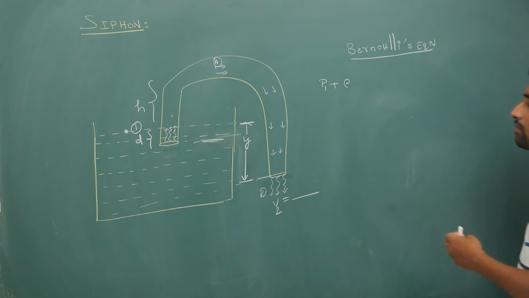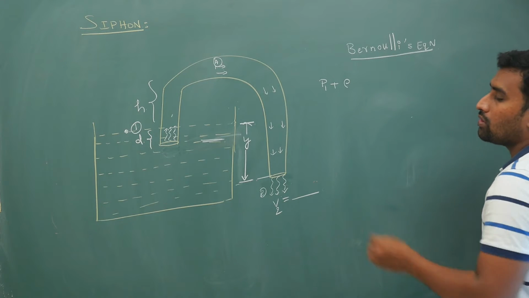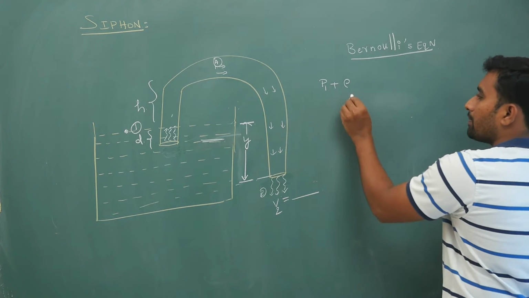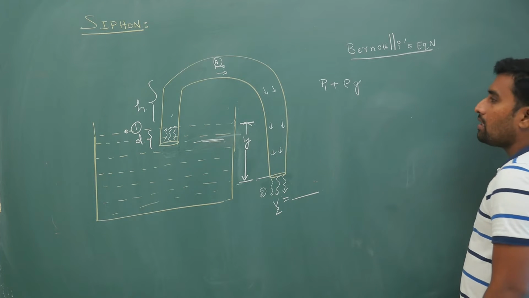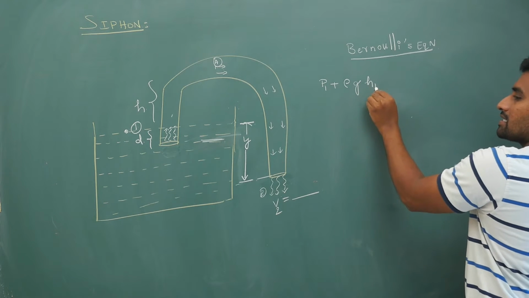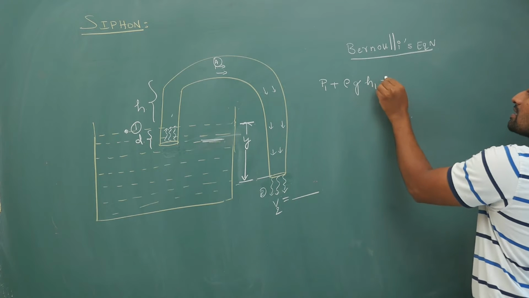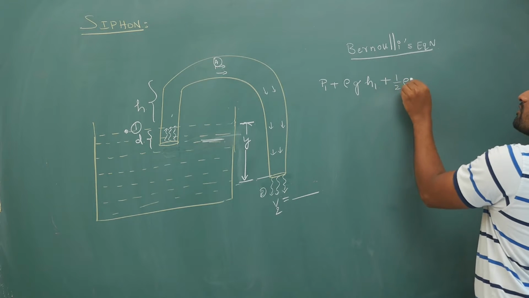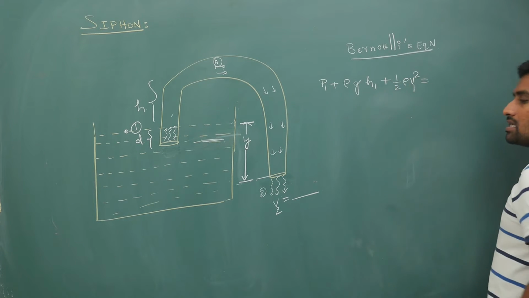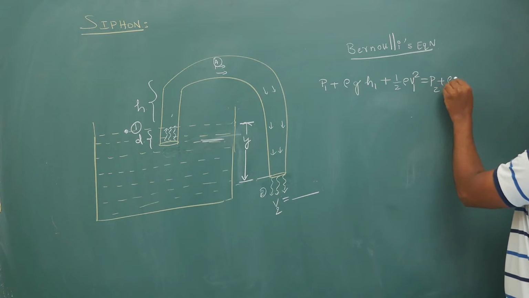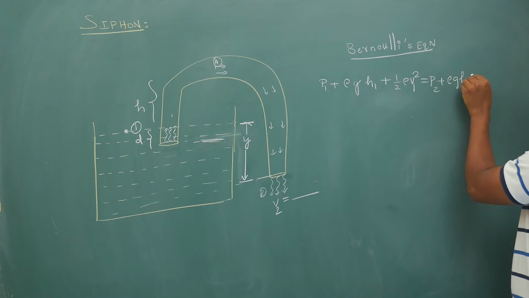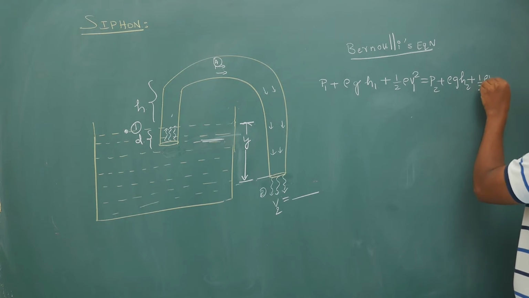So now I will tell you what is happening. Your pressure is P1 plus rho g h1, let us say the height is h1, plus half rho v1 square, equal to the pressure at point 2, P2 plus rho g h2 plus half rho v2 square.